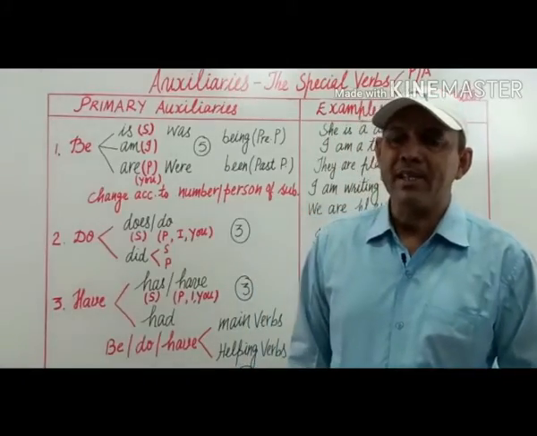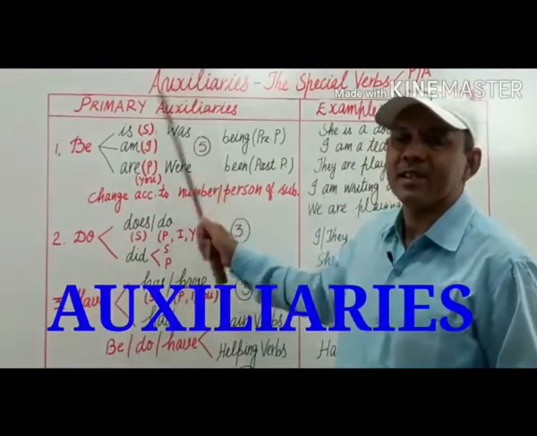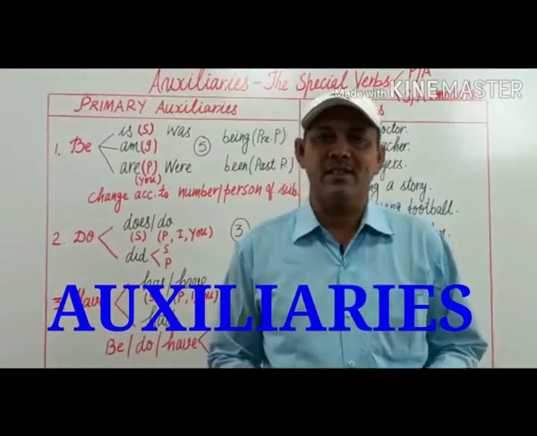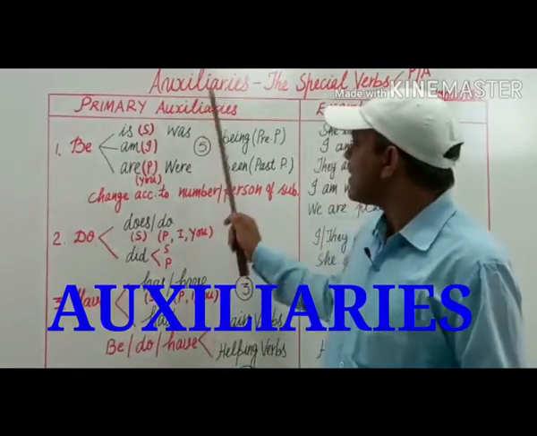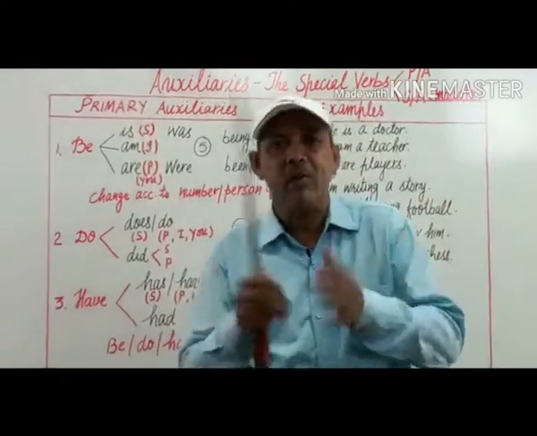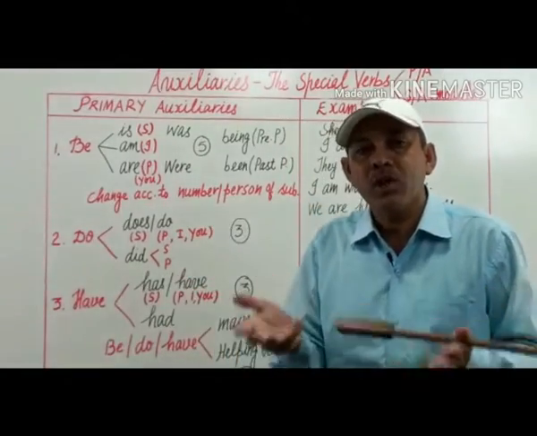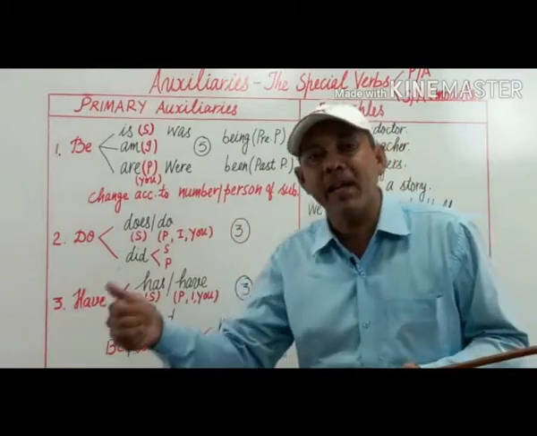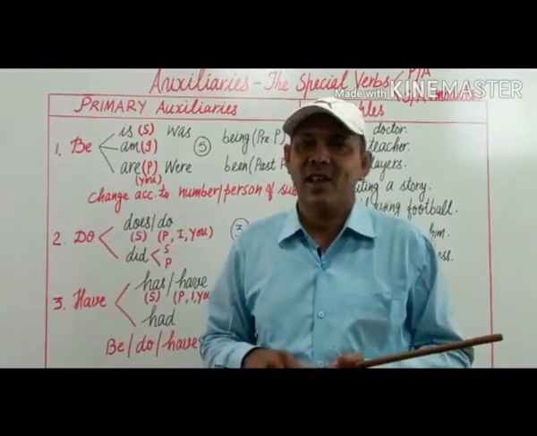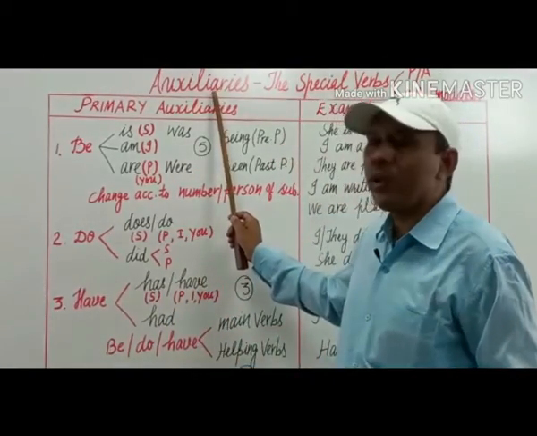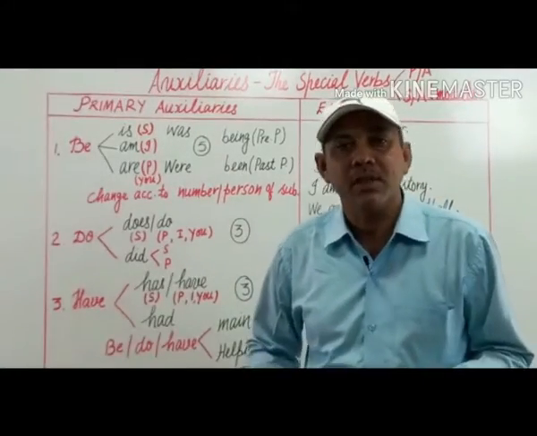And the new topic is auxiliaries. What are auxiliaries? Auxiliaries are actually helping verbs. Helping verbs means they help. What do they help? They help the main verbs in a sentence. That's why they are known as helping verbs.